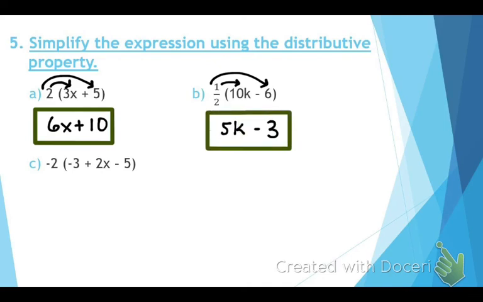Try the final problem on your own. How many of you guys would say when you tried to do problem C, the first thing you did was draw arrows to all 3? Okay, I saw that from a few people, but there was something I taught you to do. Instead of drawing arrows to 3 different things, I said I wanted to see you combine your like terms, right? So you're going to drop down your negative 2.